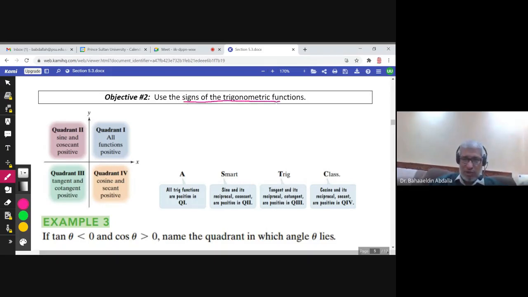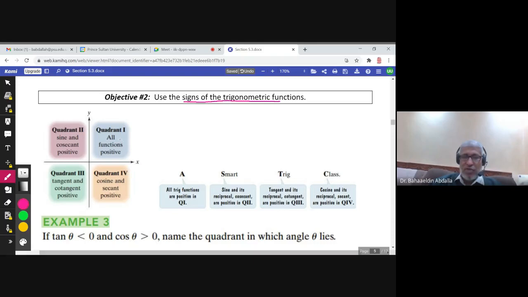trigonometric functions. Remember that in a plane we have 4 quadrants. This is quadrant 1, this is quadrant 2, this is quadrant 3, and this is quadrant 4. You know that this is the x-axis, and x is positive to the right of the y-axis.